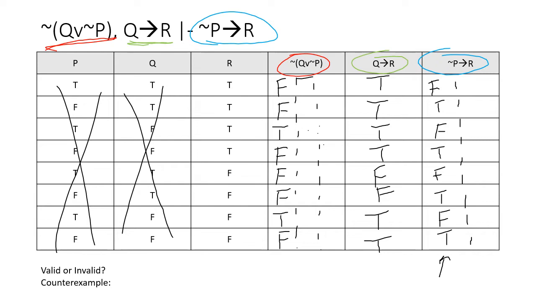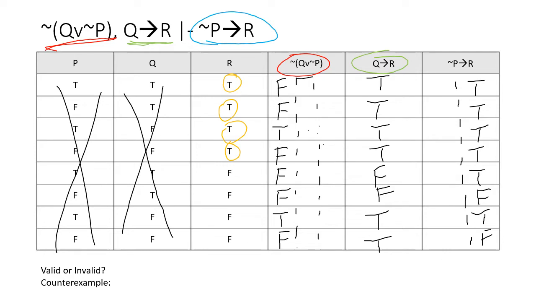So where is our left side false? And where's our right side true? Those instances it's going to be true. And then we can erase this column here. We won't need it anymore.